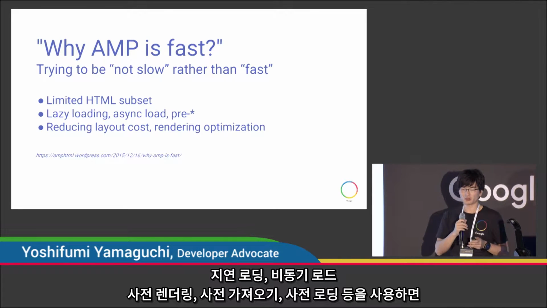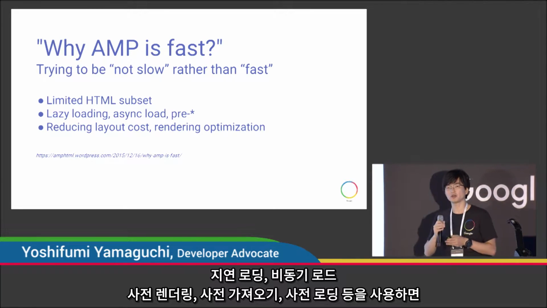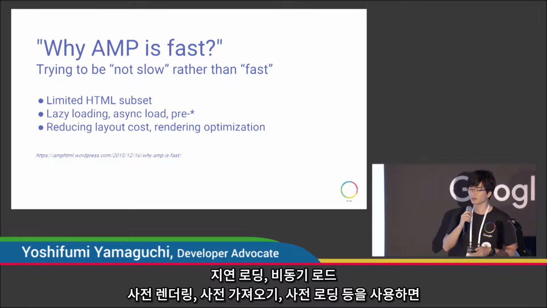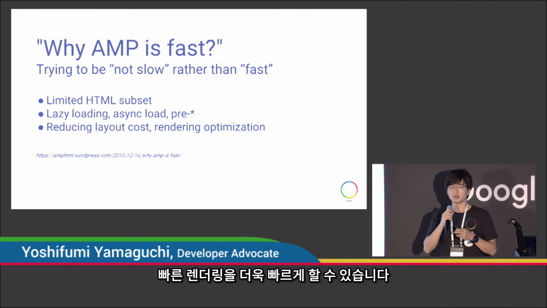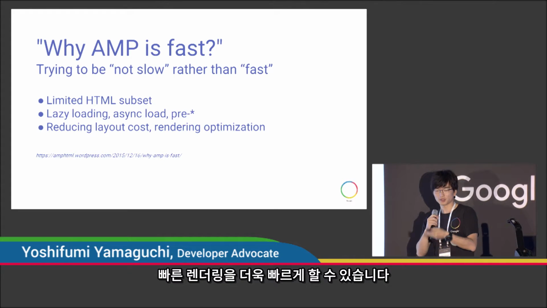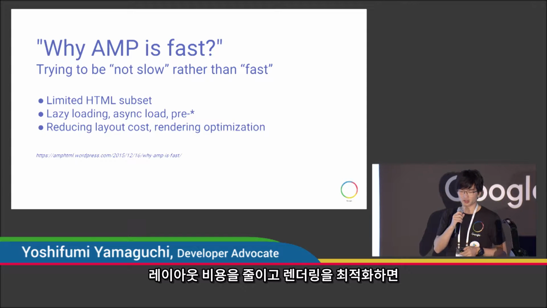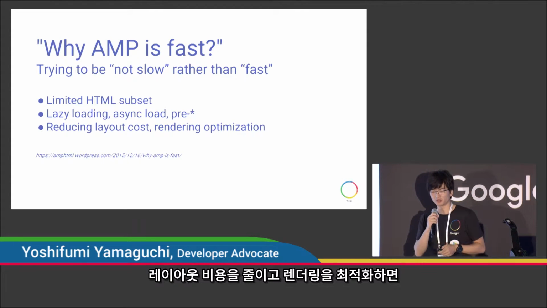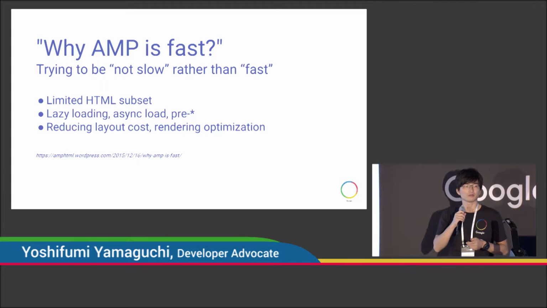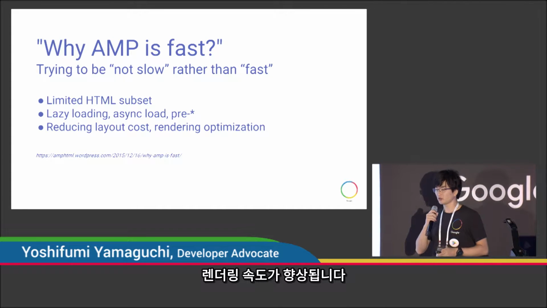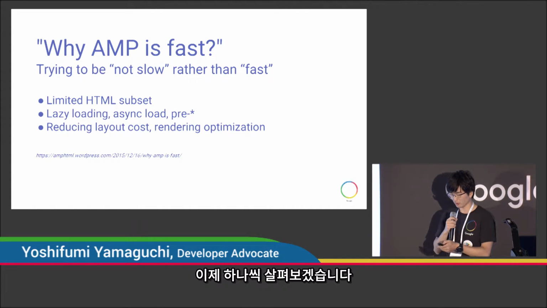Also, lazy loading, async loading, pre-rendering, pre-fetching, and pre-loading make fast rendering faster. And reducing layout cost and rendering optimization boost the rendering speed. So let's drill it down one by one.